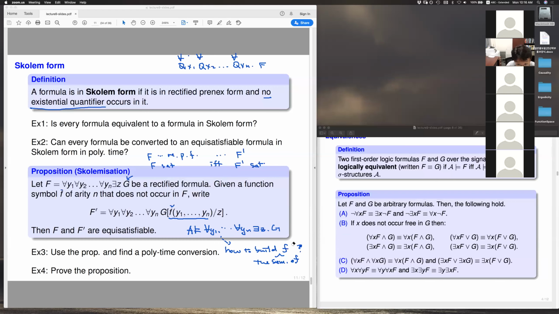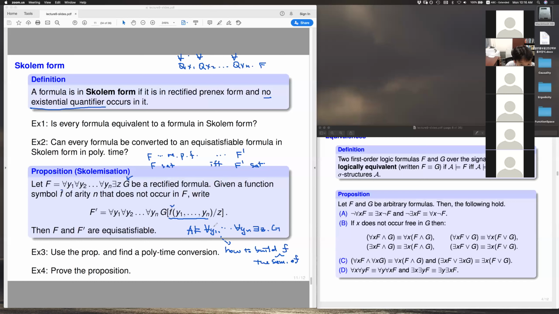And how does it work? If we follow the semantics of this universal and existential quantification, then for all bindings of y1 to an element in the underlying universe of A, y2 to an element in the underlying universe of A, and so on, there should exist some element in the underlying universe such that the formula holds.